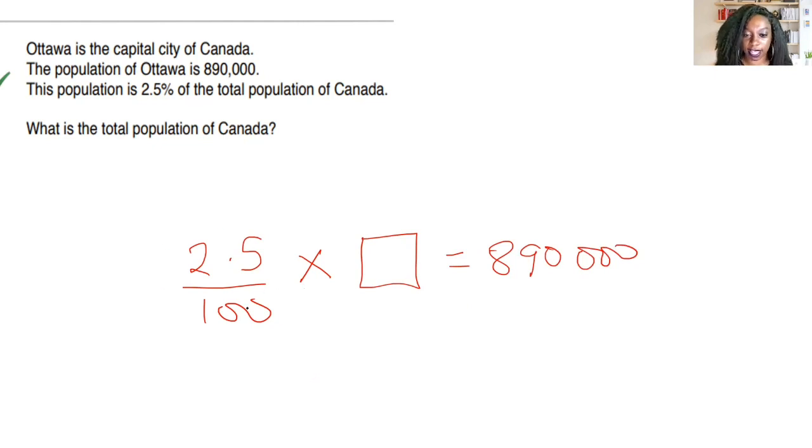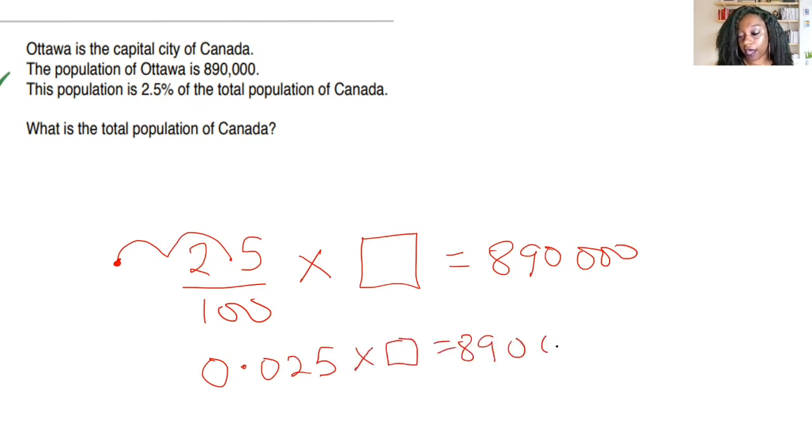Now, you realize that if you change this into a decimal, we move it two places, and you know why we're moving it two places, because we're dividing by 100. So you remember to change this into a full decimal, you're going to have it as 0.025. So times a certain number will give you 890,000. So you now need to divide to be able to get that.